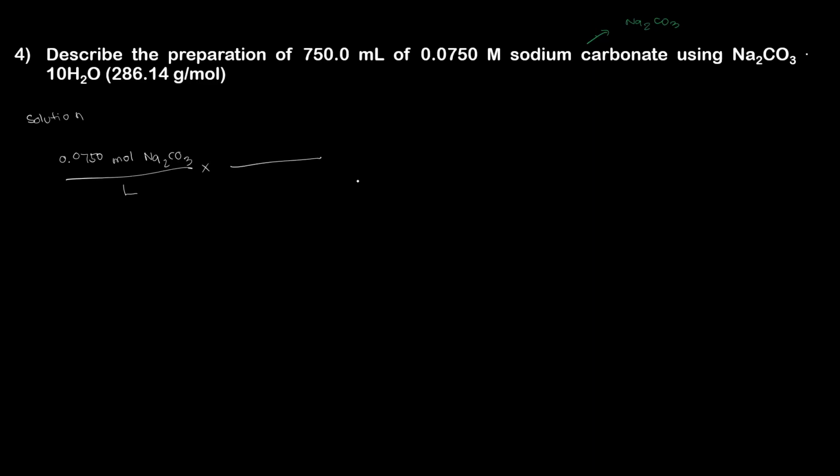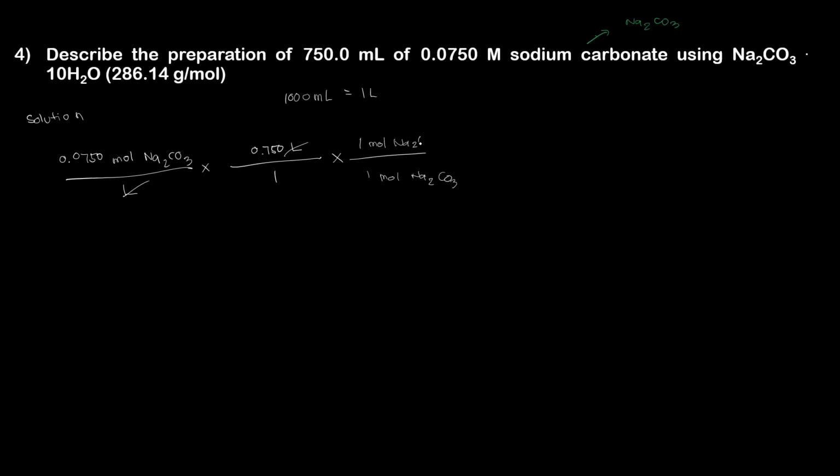Then let's use the given volume. 750 ml is simply 0.750 liters. Conversion: 1000 ml is 1 liter. Then we can cancel liters, and we're left with mole of Na2CO3.